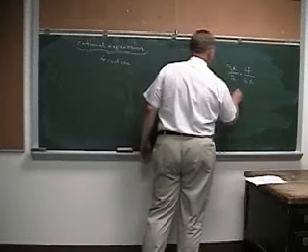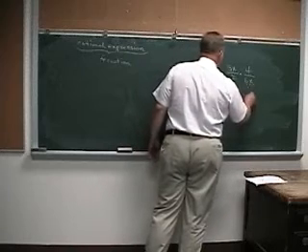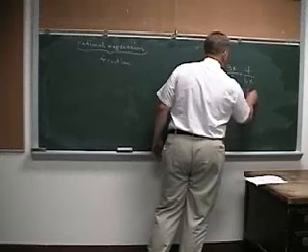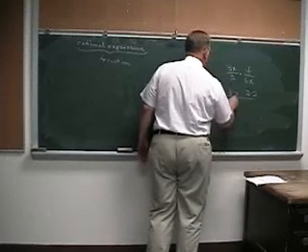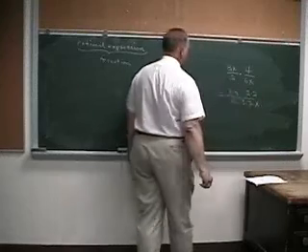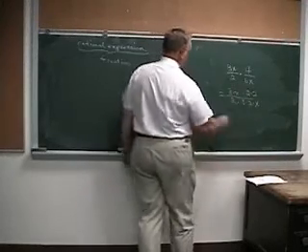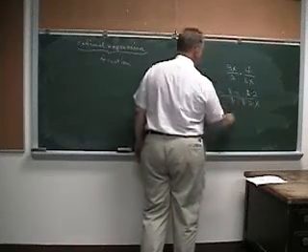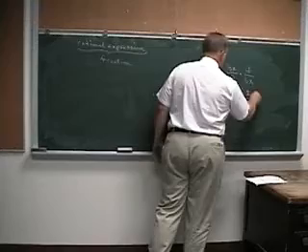So we have 3 times x times 2 times 2, and then 2 times 3 times x. And now, what's the same? 3 with the 3, 2 with the 2. Oh, again, 2 with the 2.